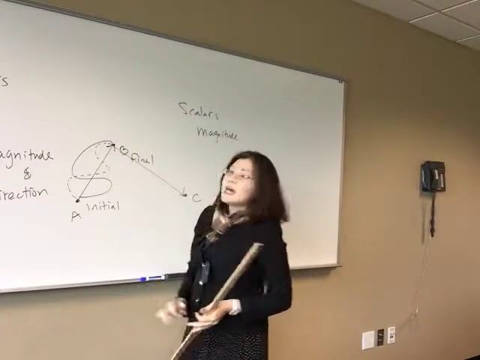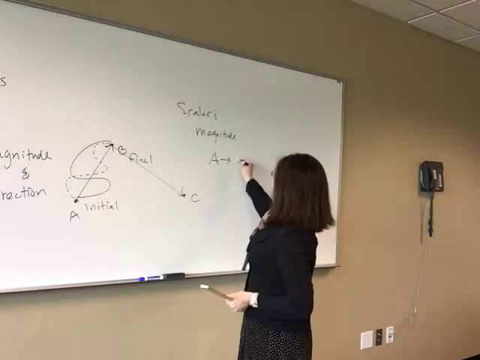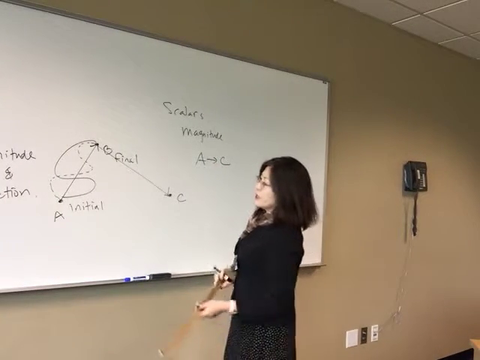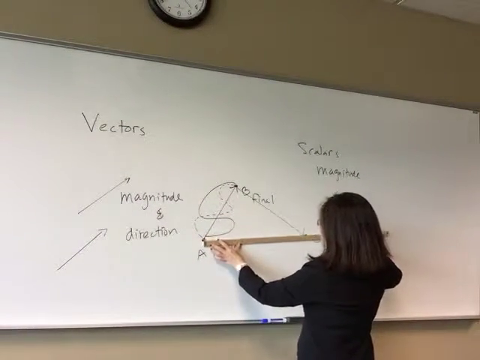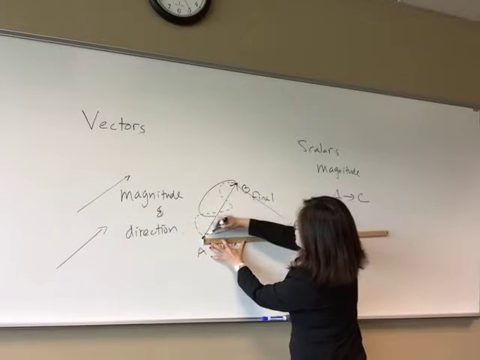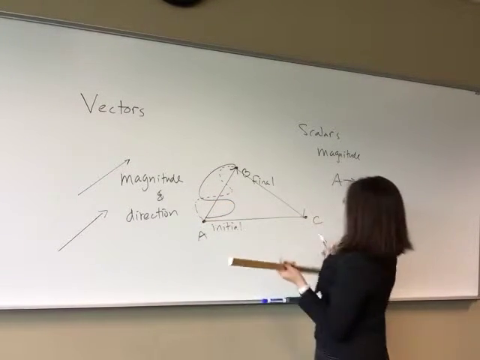And you can find out the net from point A to point C. How would you find that? From point A to point C, again, you just directly connect these two points with the arrow. So this is your initial point, and this is your final point.